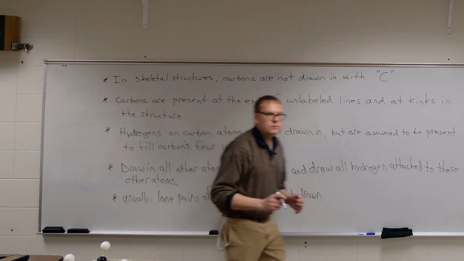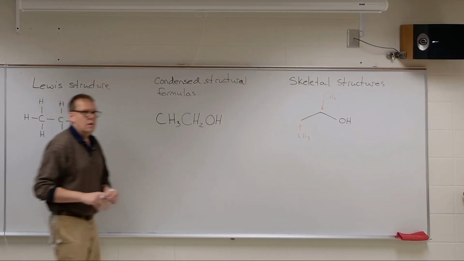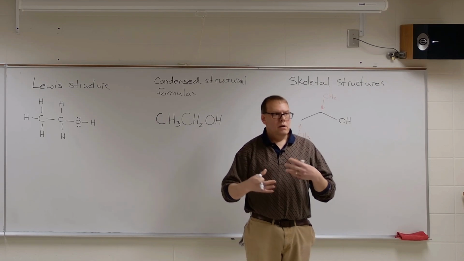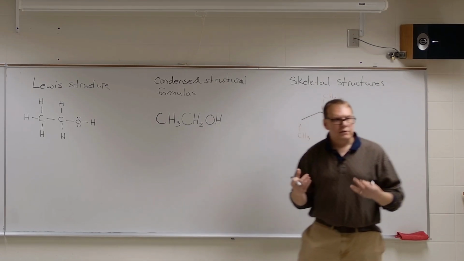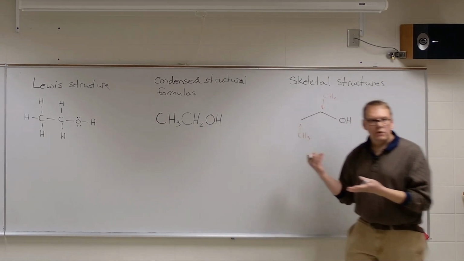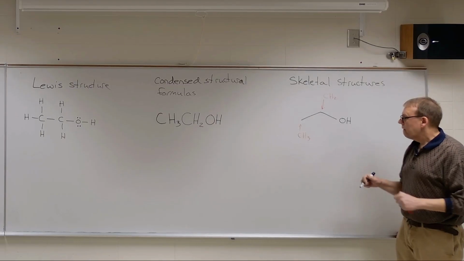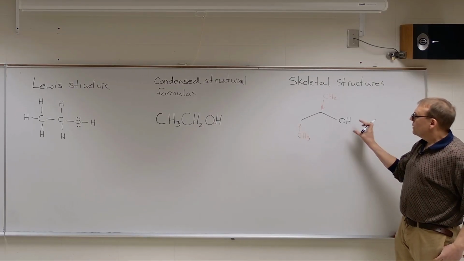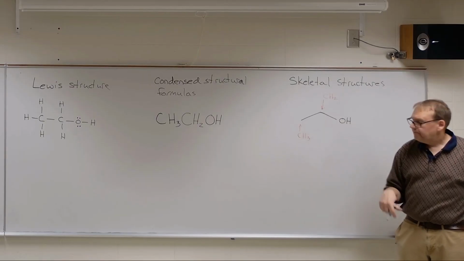And the reason is you don't really need to know the lone pairs to understand the structure. You can calculate that they must be there based on what you see in the rest of the structure and based on the charge state. Drawing lone pairs in skeletal structures is optional.